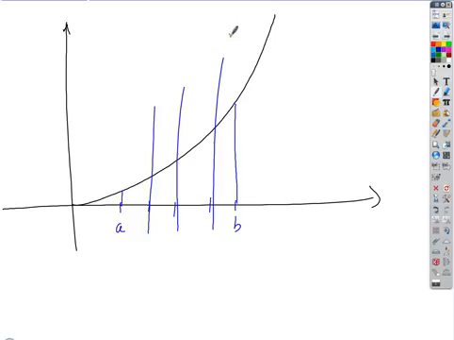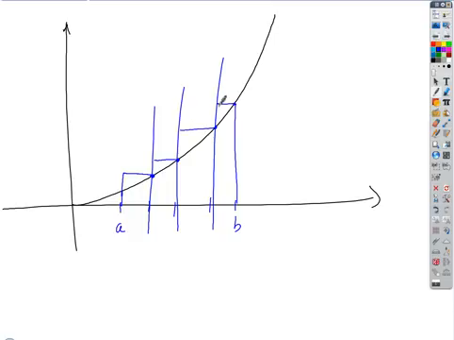If we base the height of the rectangle on the value of the function at the right-hand side of each interval, then wouldn't this be what the first rectangle would look like? So we determine the height of the rectangle based on the value of the function there. Right? So there's our first rectangle. Here's going to be our second rectangle. Here's going to be our third rectangle, and there's going to be our fourth.